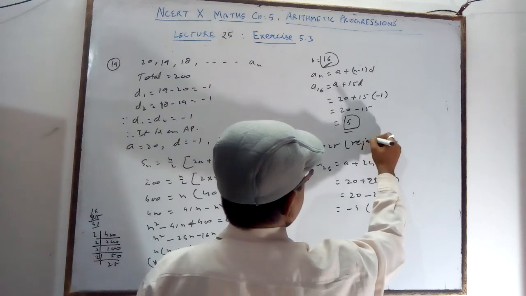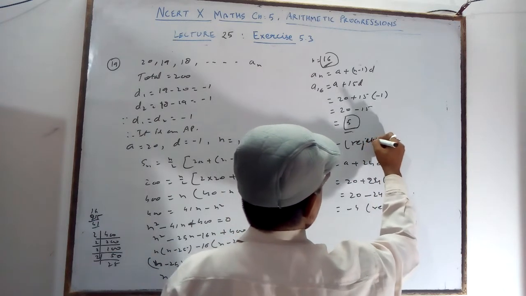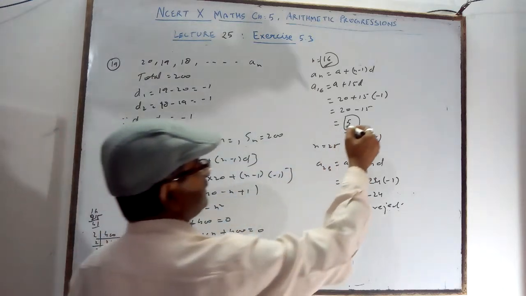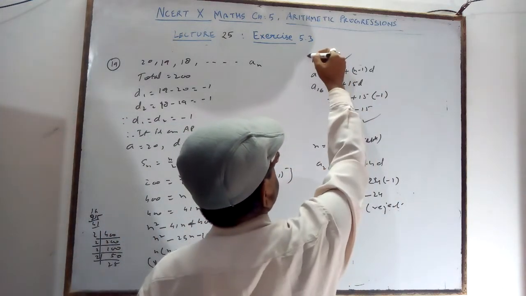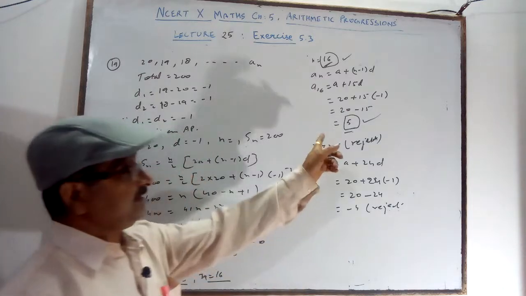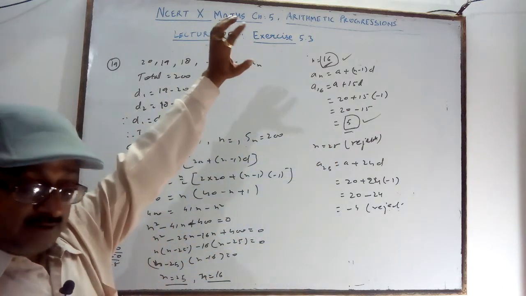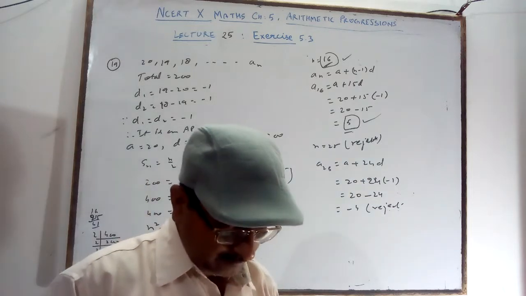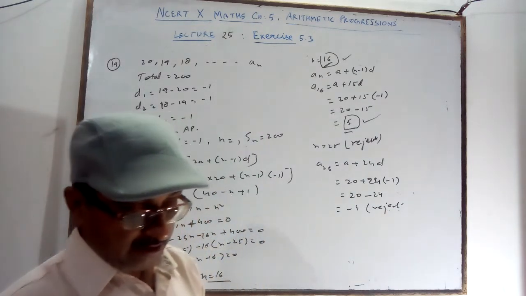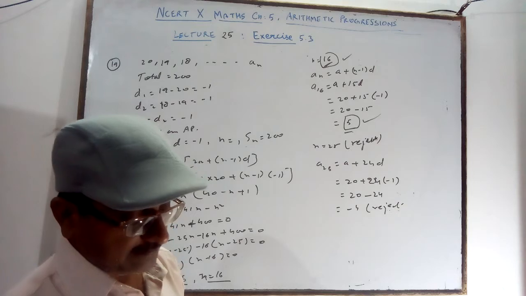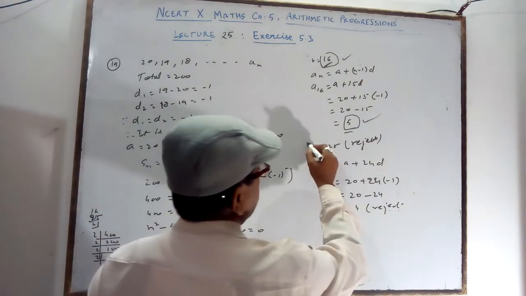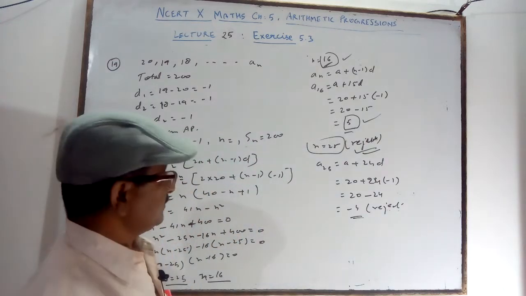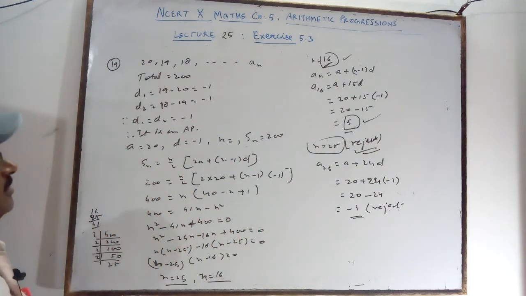It is not possible, as the number of logs in the top row is negative. So what is your answer? 16 rows and 5 logs in the top row. It is very important to know why you reject n equal to 25: because it gives a negative number. Where both are positive, both are possibilities.